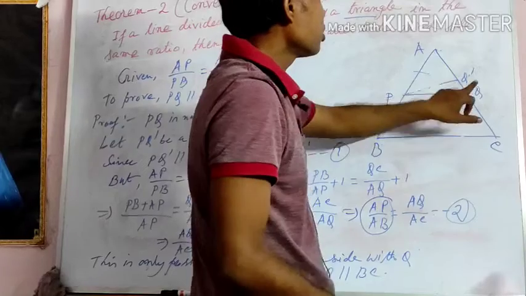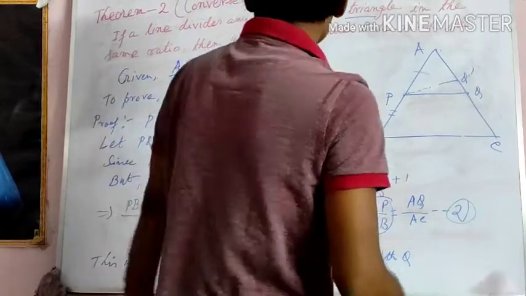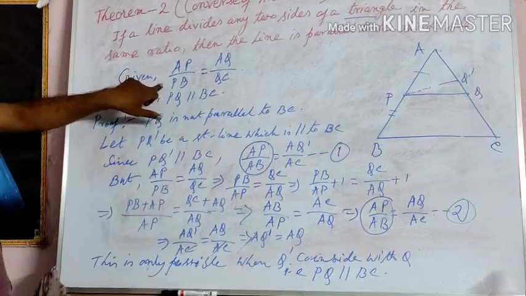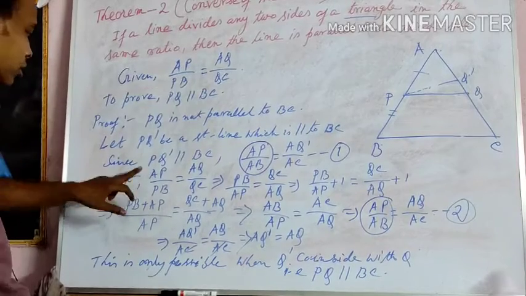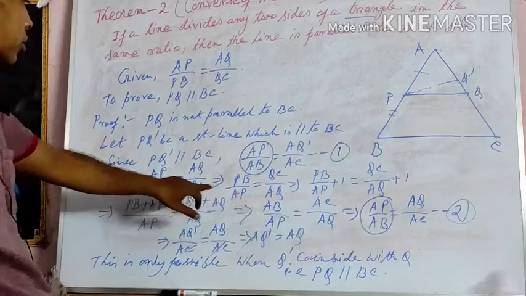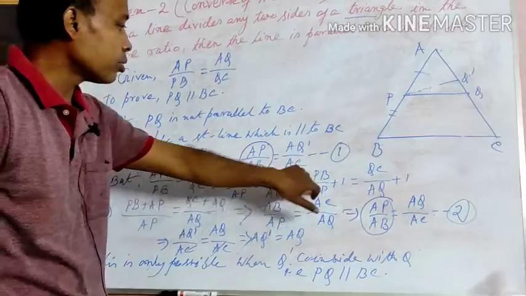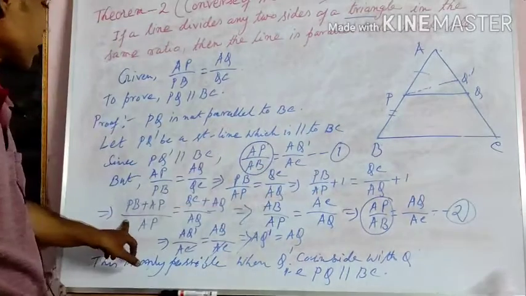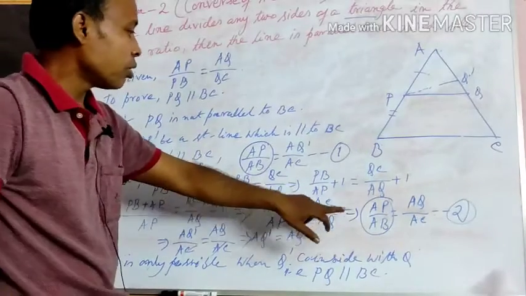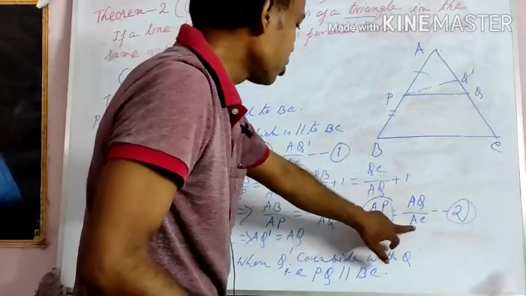AQ dash by Q dash C. Then from this equation which is given here, AP by PB is equal to AQ by QC, just reverse it, then add 1 both sides, then AB by AP is equal to AC by AQ, or AP by AB is equal to AQ by AC.